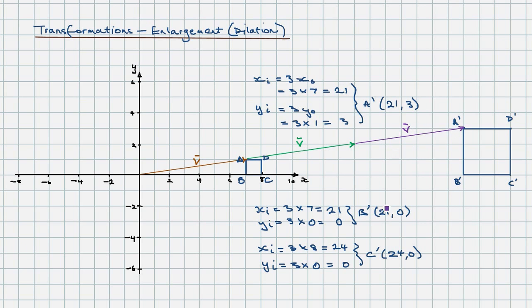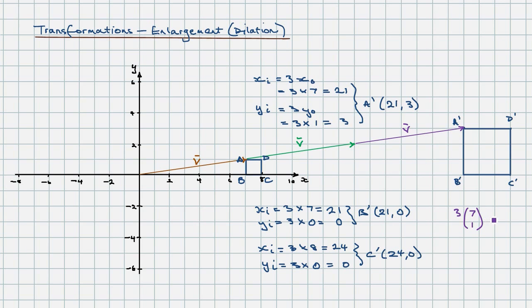So that's the basic concept that we're going to use for the rest of the video. We're going to work with vectors to enlarge things, and we're going to take the vector, for example, V, 7, 1, which we write as a column vector. If it's a scale factor of 3, which it is to get to here, we're simply going to write it like this, 3 times (7, 1).